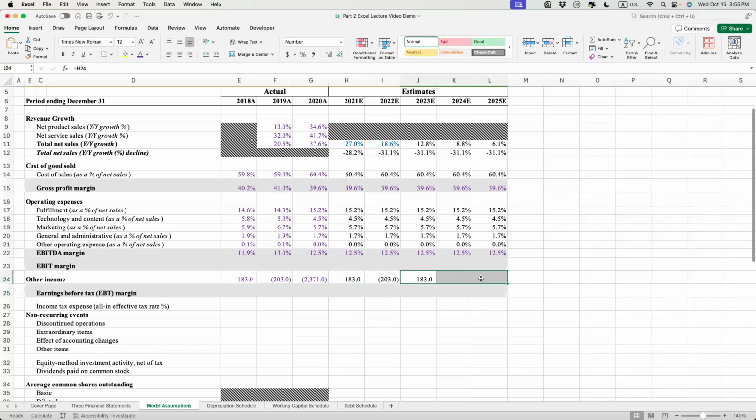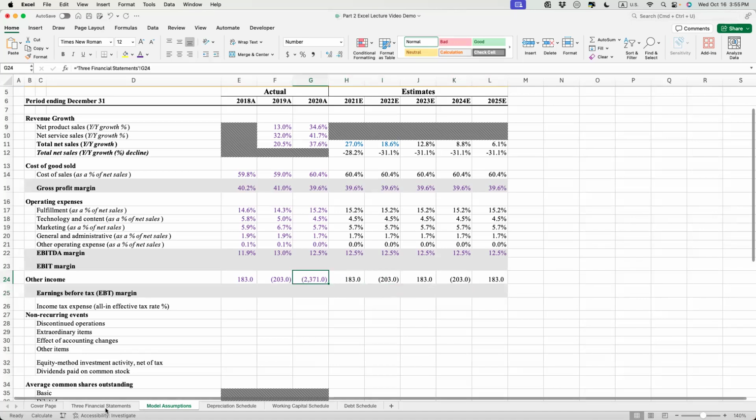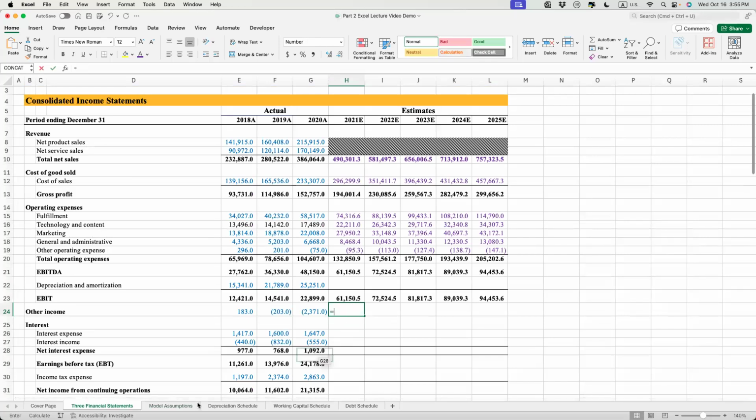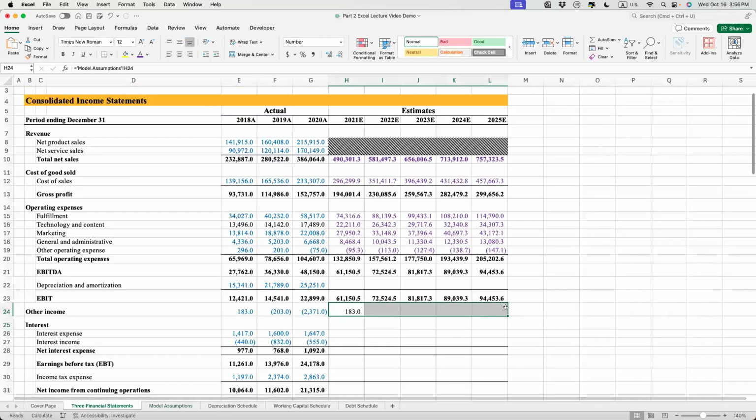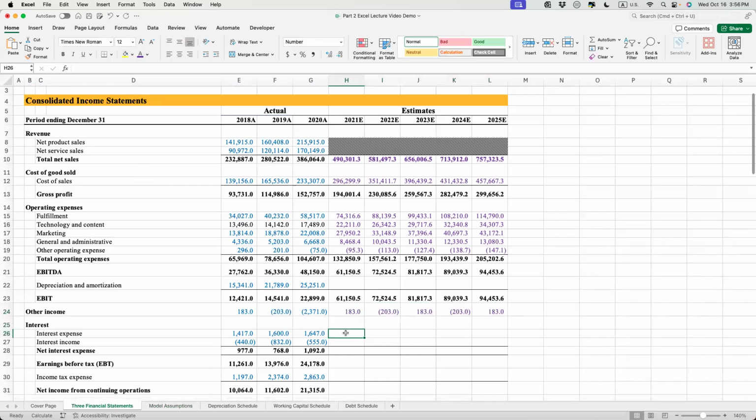Then we can just go ahead and fill right. You see, we do the cycle. We let this value change year over year by matching what happened in the past years, but we exclude the COVID year. Once we got this done, we can come back to link our assumptions from the assumptions model. And for the interest expense and interest income, we're going to estimate those values from the debt schedule.